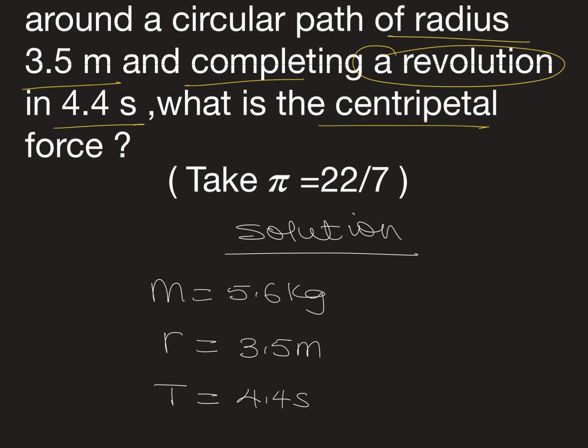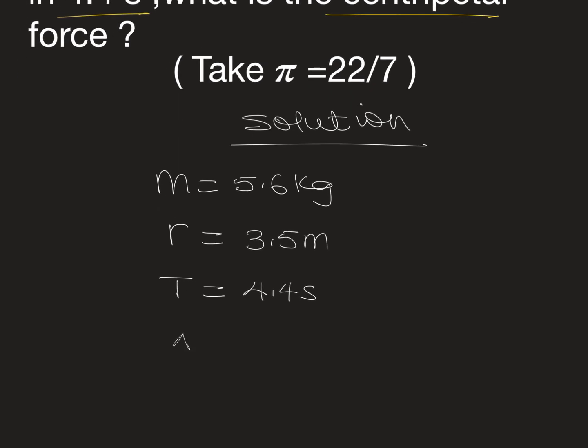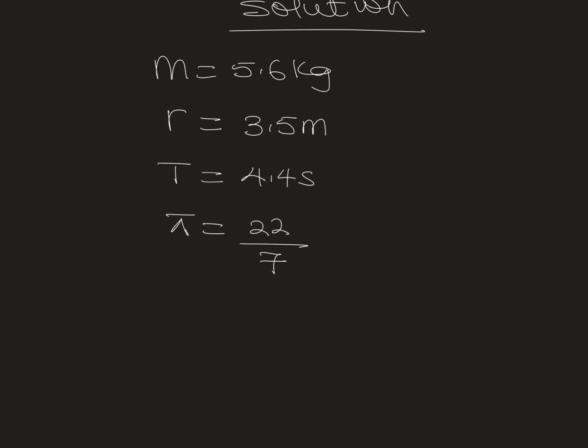And it has stated that it takes 4.4 seconds to complete a revolution. That is, the time taken to perform just a single revolution was 4.4 seconds. Moving on, pi is given as 22/7.